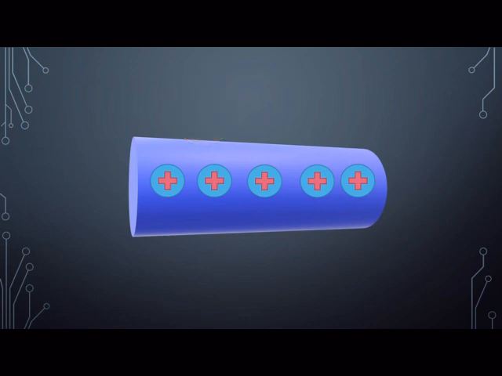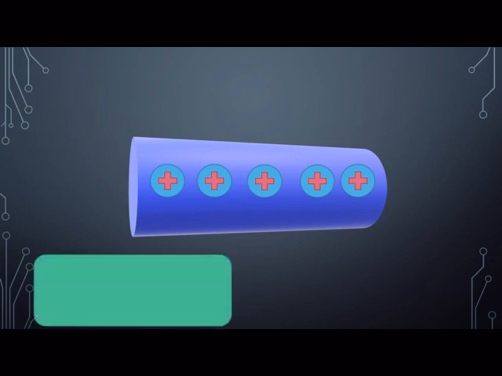If you bring this rod near an uncharged material, electrons in the material will be attracted towards the positively charged rod, leaving behind partial positive charge from where they have left. This causes a partial positive and a partial negative charge to be created in the material, and hence the material now will be attracted to the positively charged rod.